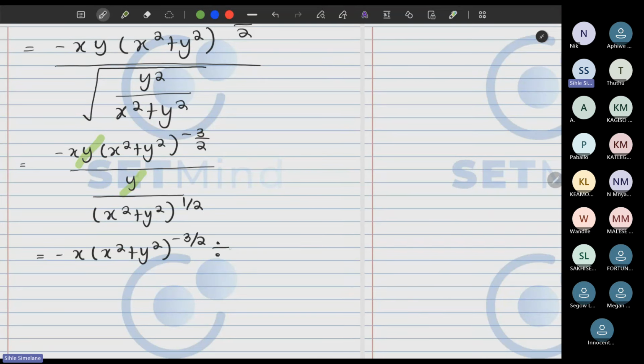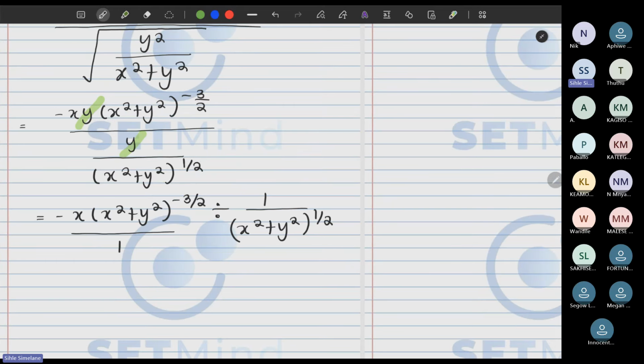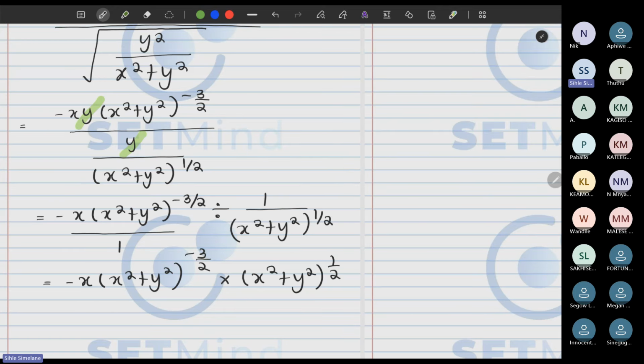So if you look carefully, we are dividing there by, so this is obviously over 1 now, and we are dividing by 1 over (x squared plus y squared) all to the power of 1 over 2. So when you do the multiplication, you'll end up having these multiplying so that the exponents end up adding. So it's (x squared plus y squared) to the power of 1 over 2.